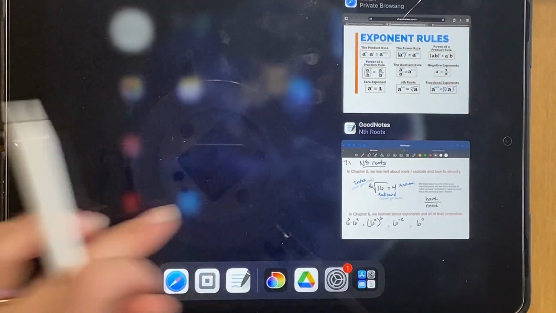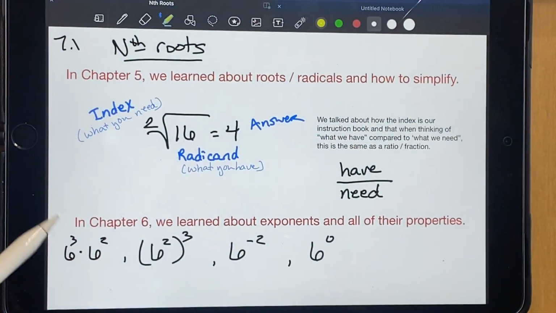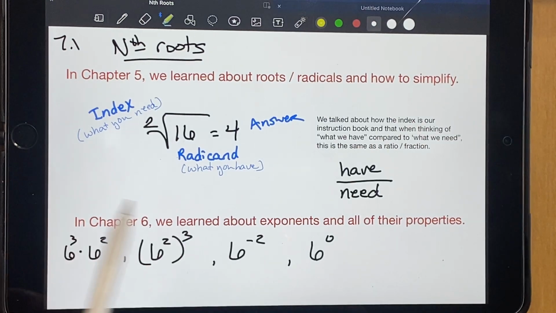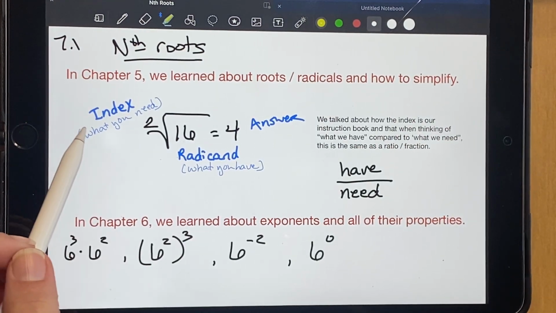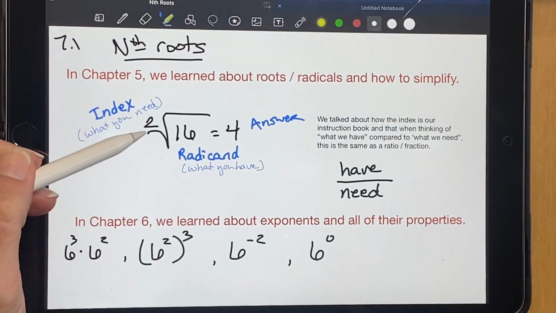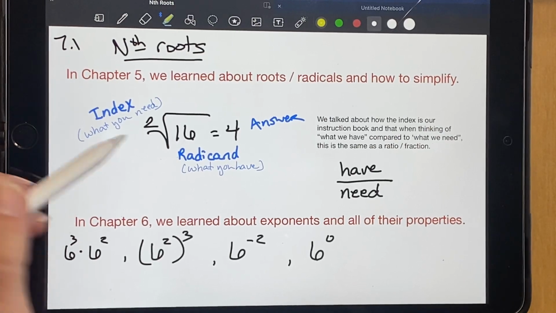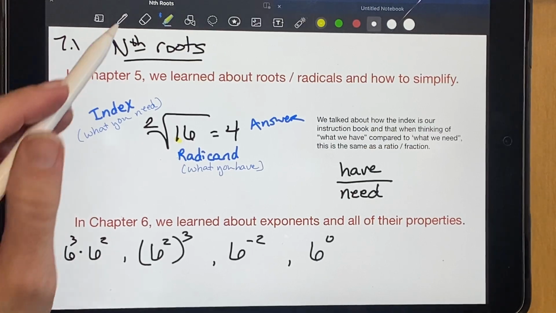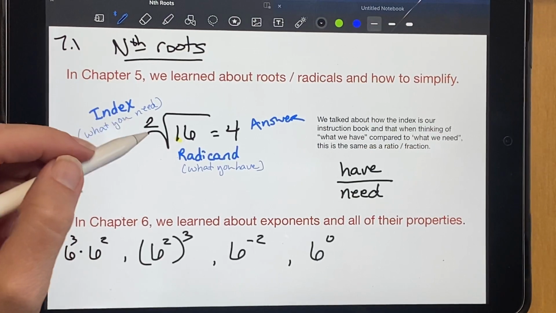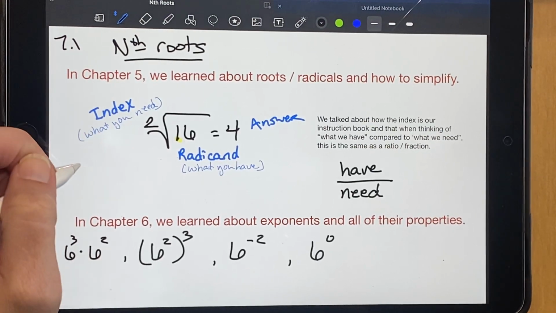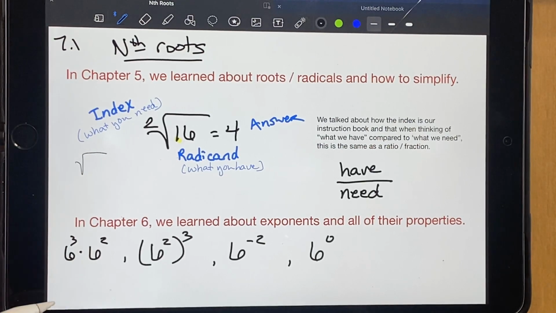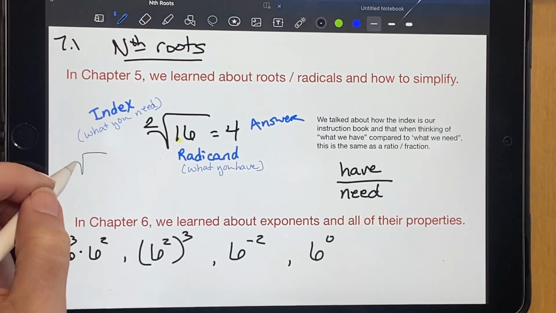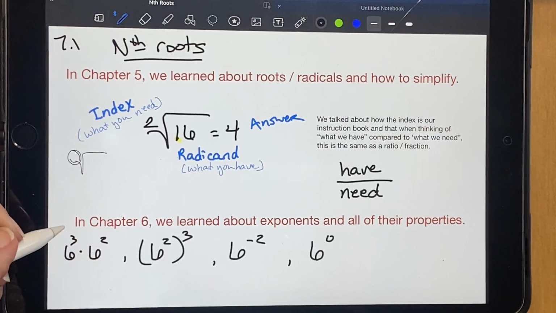So some of the things that we had learned about roots and radicals in chapter 5 were that our index was our instruction guide to tell us how many of a number we needed to be able to pull out. And this number could be anything. We also looked at it where it was just a plain square root and it doesn't have the 2 on it.